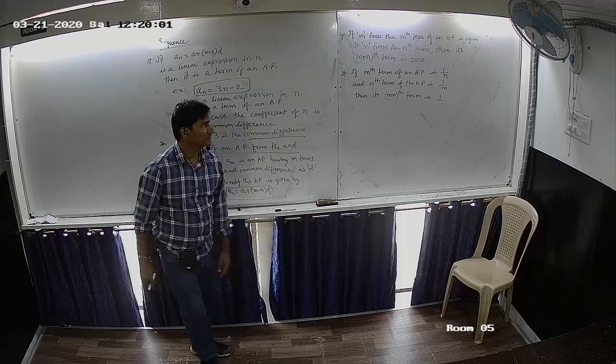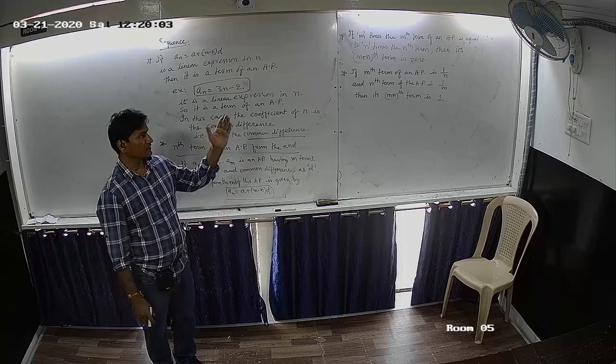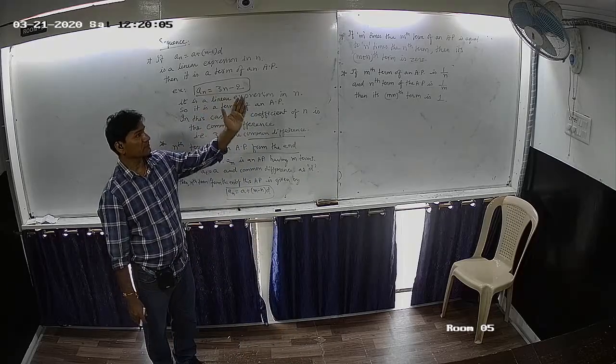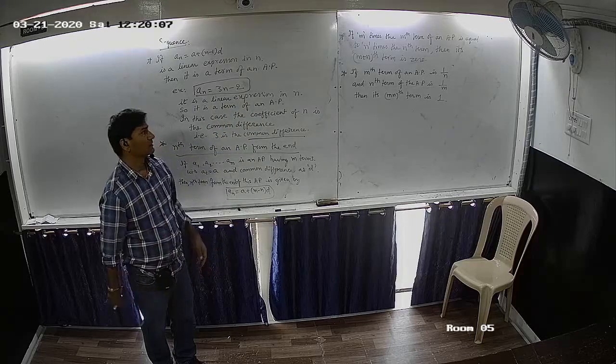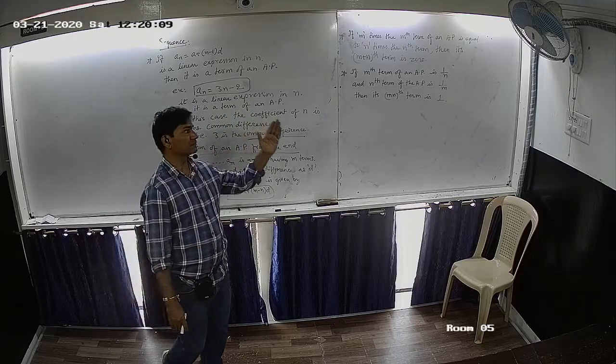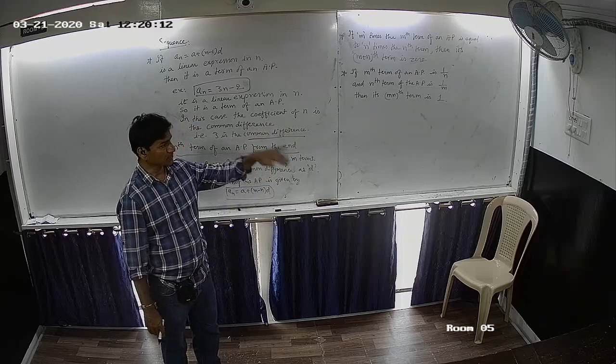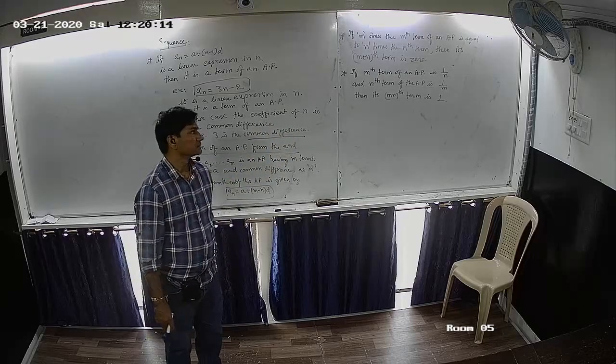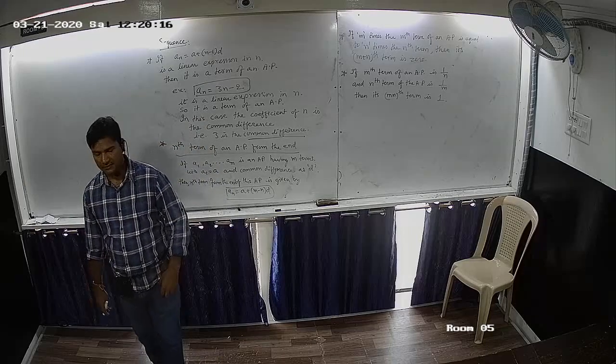This is another result which you must remember. If mth term of an AP is 1 by n and nth term of the same AP is 1 by m, then mnth term of the AP will be 1.